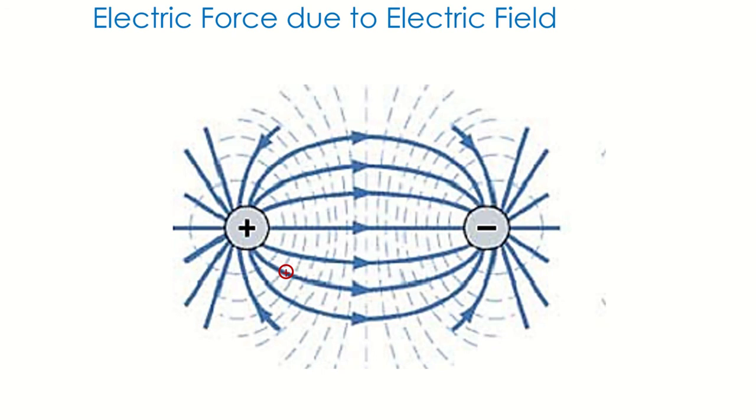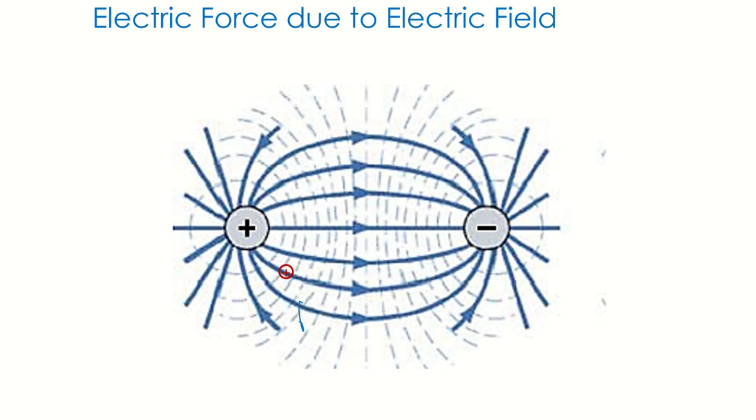So here the positive charge, this one, will not actually go in a straight line like this, but it will move on this electric field line. So they experience a force along the field lines. So field lines show the direction of the force experienced by a charge.